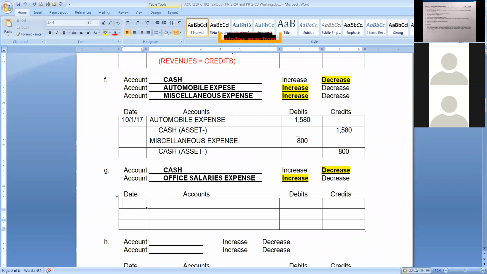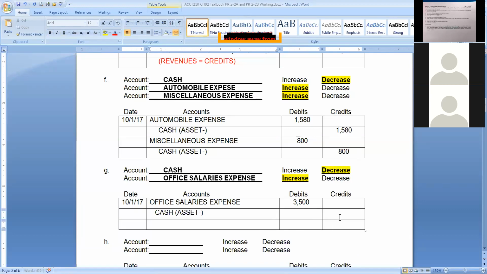So knowing that, I'm going to make my journal entry so we know what the other side is. It can be cash, an asset.